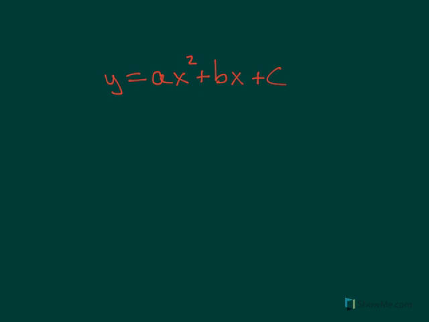If you don't have these other two terms, the bx and the c, and all you have is y equals ax squared, so therefore the variable is only in one place, the x squared, then what you can do is isolate the x squared and cancel out the square with a square root. So, for example, if I had x squared equals 36.